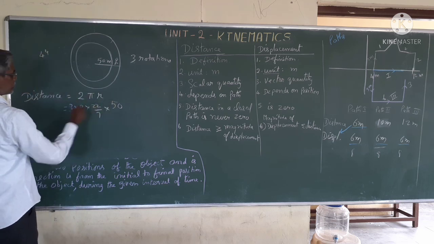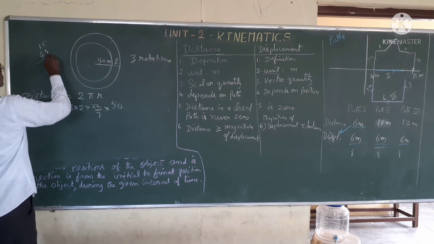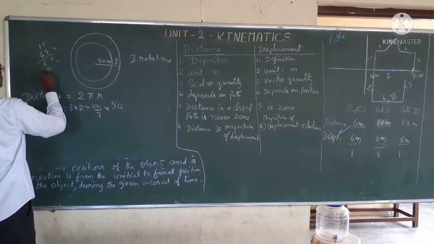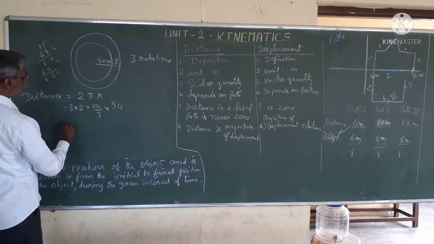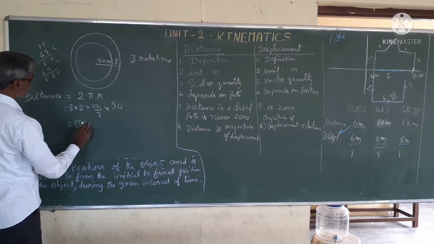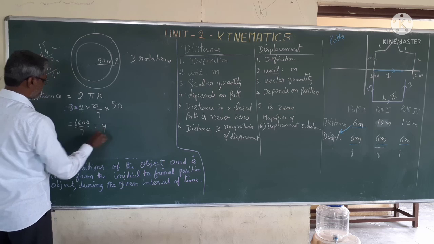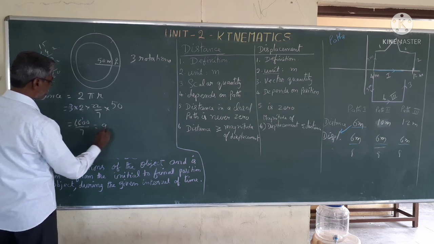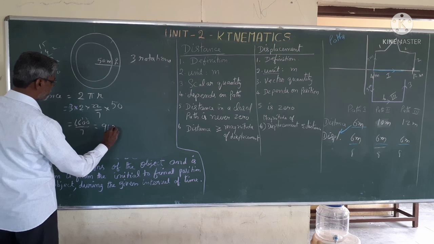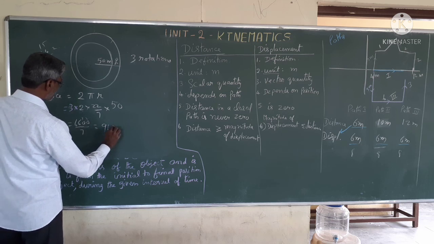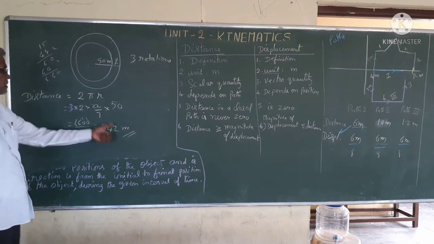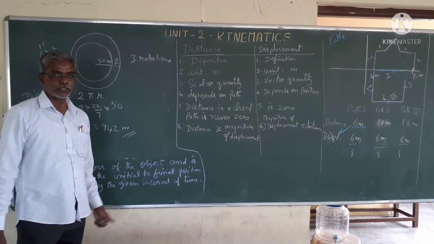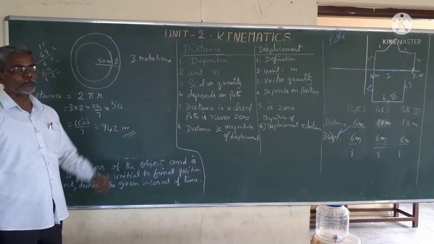So that many meters that person covers. This is the distance covered by an athlete.